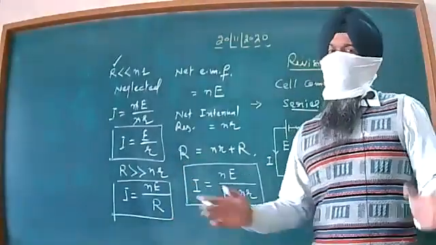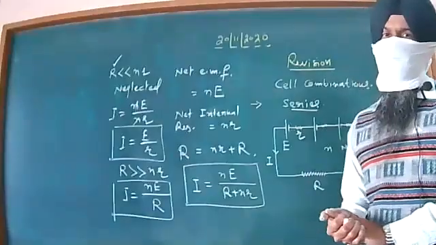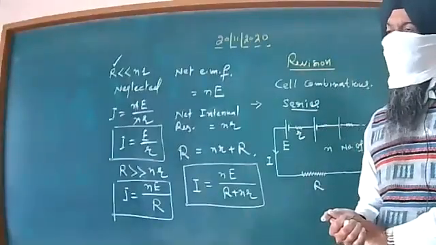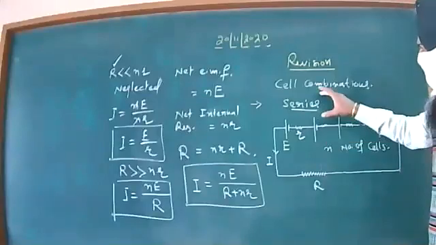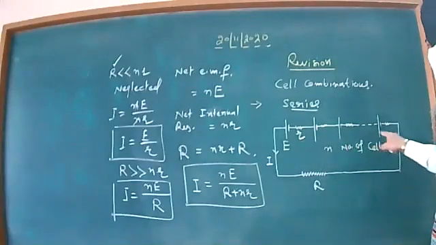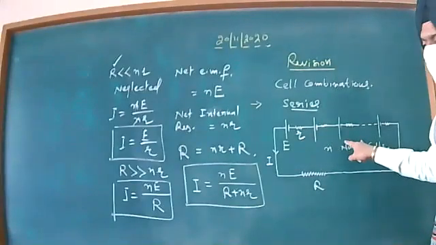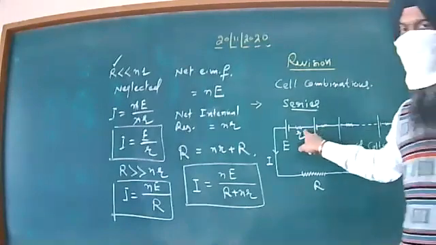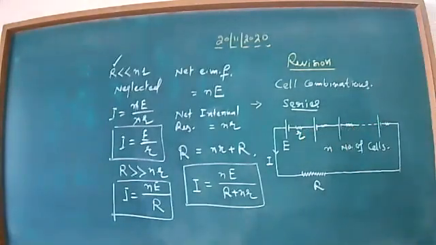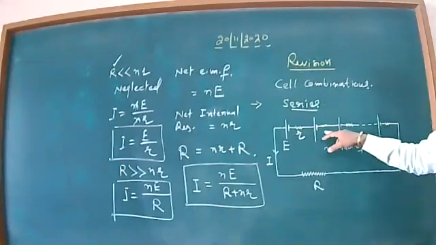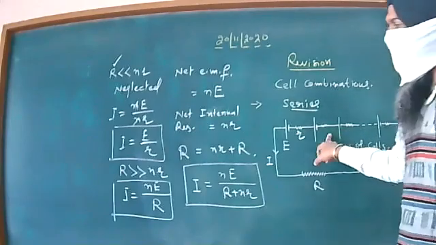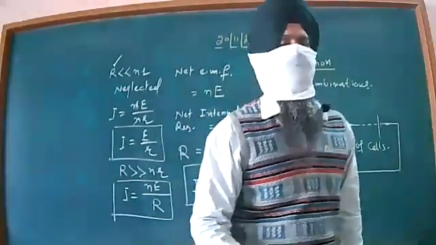So once again, focus upon the series combination of the cells. In the series combination, all the cells are joined end to end, and small r is the internal resistance of each cell. When all the internal resistances are connected in series, the net internal resistance can be calculated just by having the series combination.